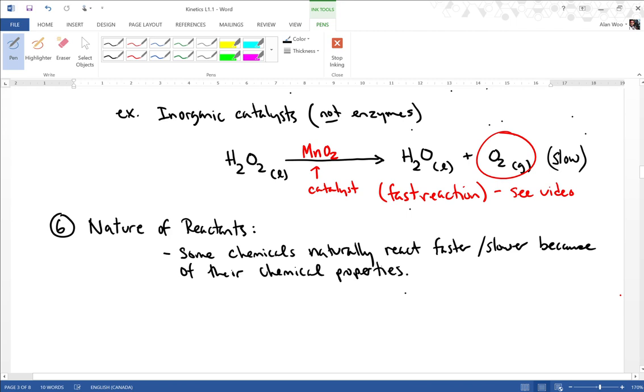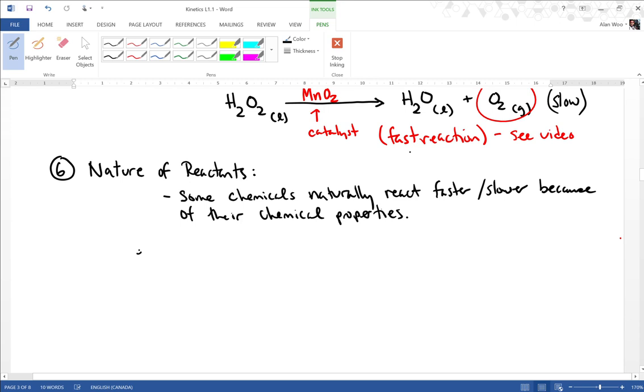So if you think about things like noble gases, okay, they're in family 8A. All of them are stable and inert.